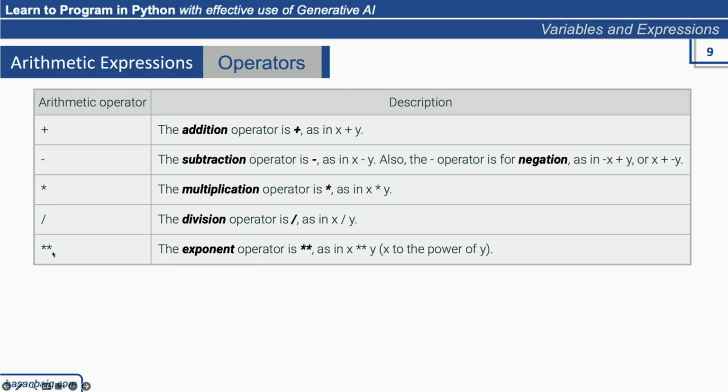If you have to calculate 2 to the power 3, on paper you could simply write 2 to the power 3, but in Python you have to write 2 double asterisk 3, and it is equivalent to 2 to the power 3. There are some other functions available to calculate the power, but we will talk about it in the next lecture.